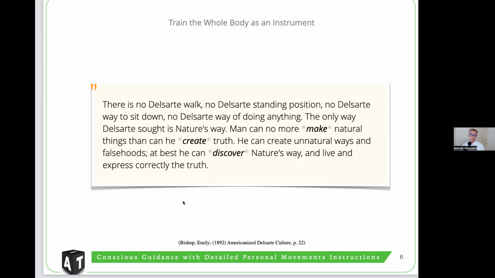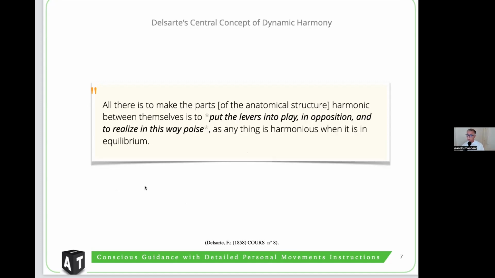I started to study them through Alexander's writing, but as I could not make much sense of what he was explaining, because of my own difficulties, but also because Alexander is very scarce about his indications, I had to find others' indications, and I found many in the Delsartean books, or even in Delsarte, because we have the translation now of the Delsarte lessons that are written.